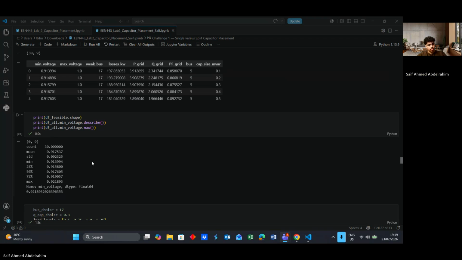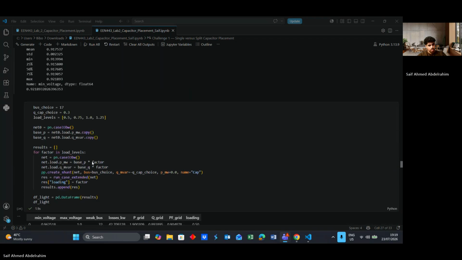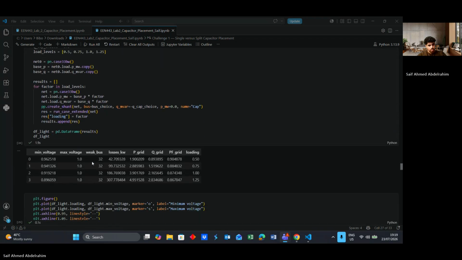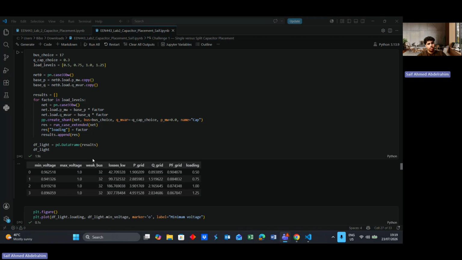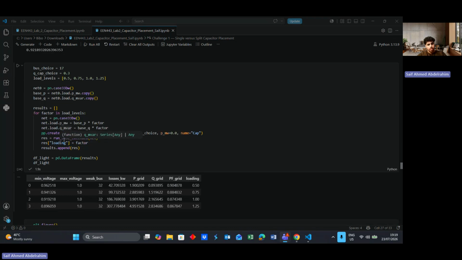I also tested the selected 0.3 MVAR capacitor at loading levels of 50, 75, 100, and 125 percent.